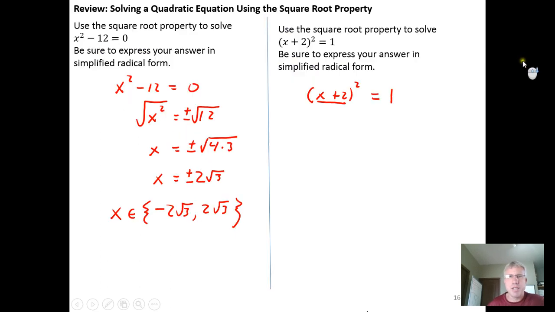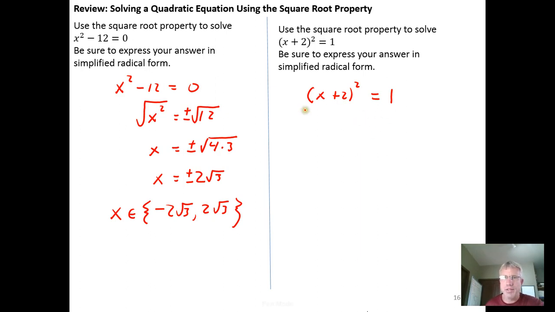In this particular case, we have an entire expression, x plus 2, that's being squared. And we want to avoid the temptation to just square this out, get x squared plus 4x plus 4, and then subtract 1 from both sides and start grinding along. We want to avoid just expanding the binomial if we don't need to.